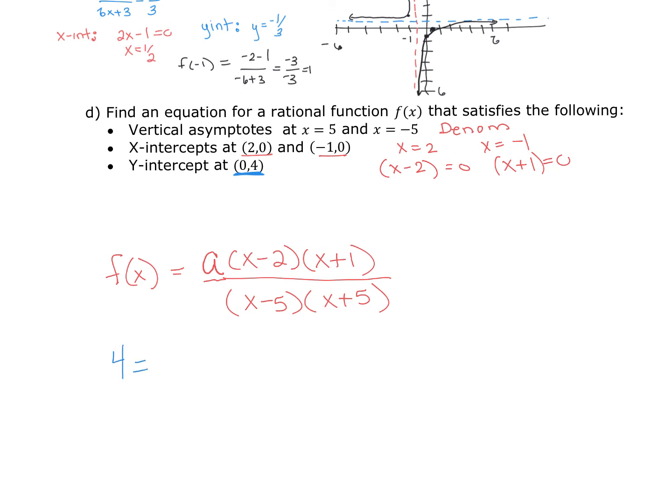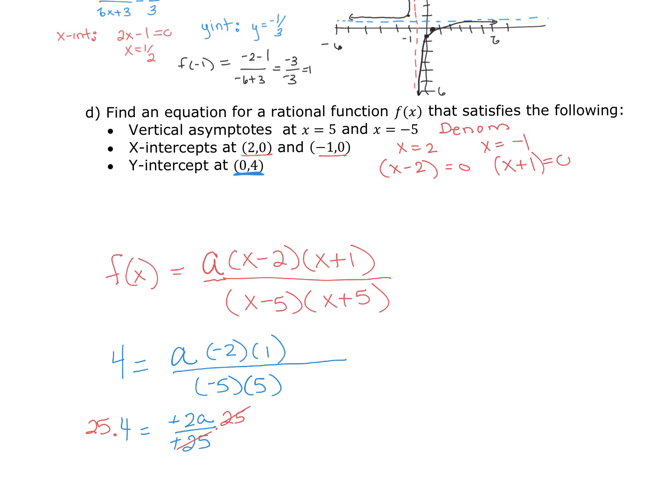So if I plug in a 0 for x, I'll get -2 times 1 over -5 times 5. So I'll have 4 equals -2a over -25, or just 2a over 25. And then I'll solve for a. So I'm going to multiply by 25.